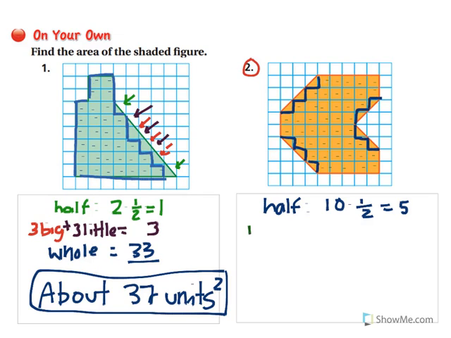I have 46 whole. Hopefully that's what you came up with. So if I take the 46 with the 5, I'm going to get a total of 51 units.